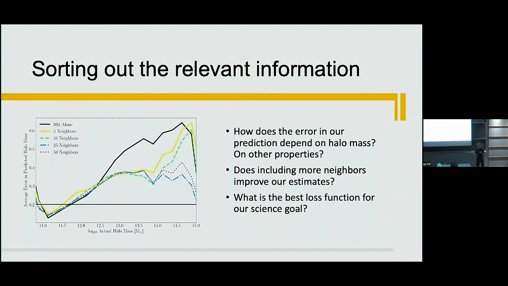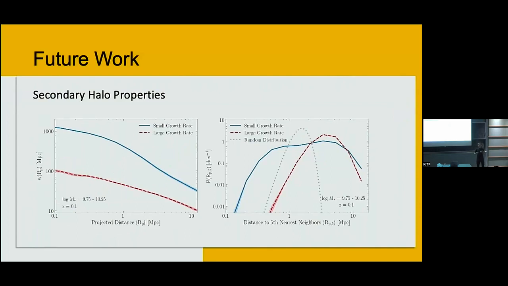Now, just to give a sense of why we're doing this and where we're trying to go with it, I have these plots, also made from the data from the Behroozi-Moster 2021 paper, looking at the small versus large growth rate from 2-point correlation versus the distance to its nearest neighbor. We're very interested in looking at halo properties beyond halo mass, so looking at angular momentum, concentration, growth rate, that kind of thing.